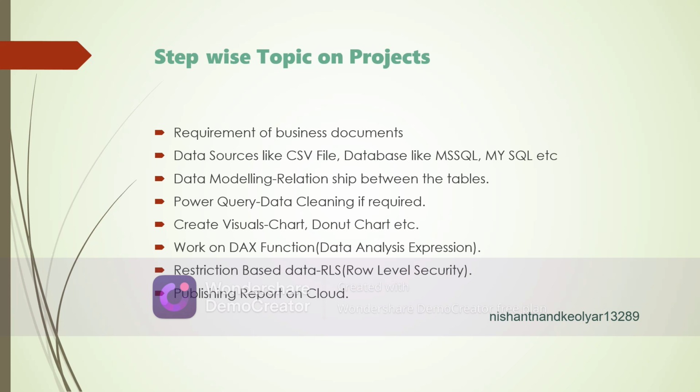There are four to five role types in the Power BI server. So we can manage which user has permission for which category and which country. Every user is not able to see the entire data.